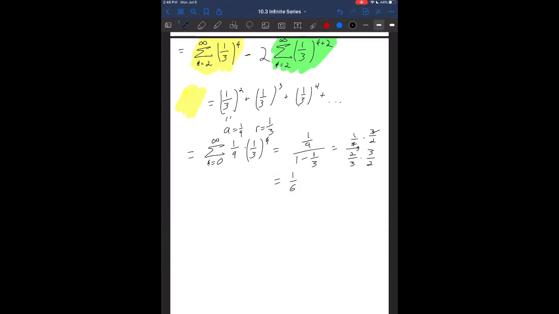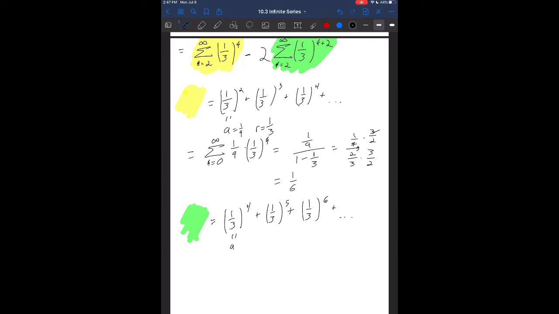Excellent. And for the second sum here, this green sum, what I have now is something very similar, where I have 1/3 to the fourth. This is what happens when I plug in k equals 2: I get 2 plus 2, or 4, so 1/3 to the fourth, plus 1/3 to the fifth, plus 1/3 to the sixth, and so on and so forth.